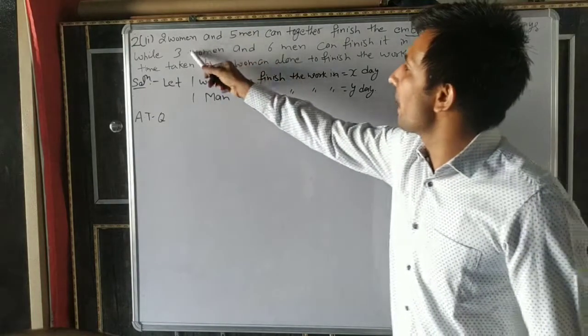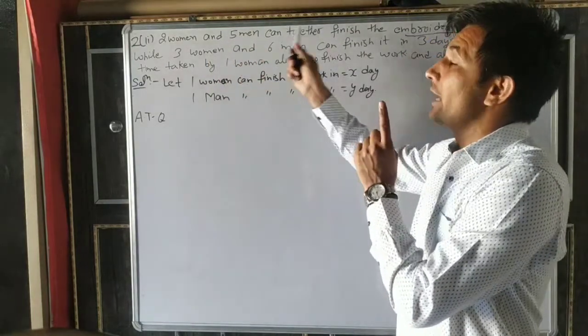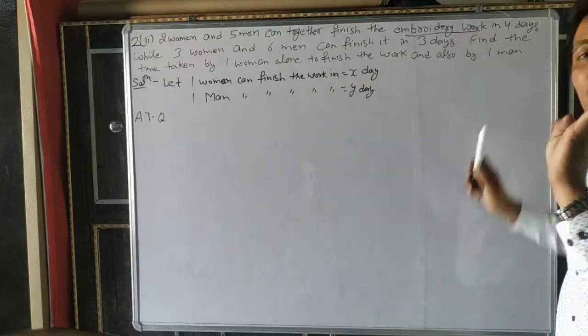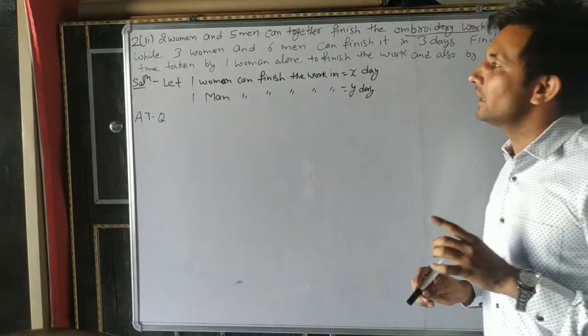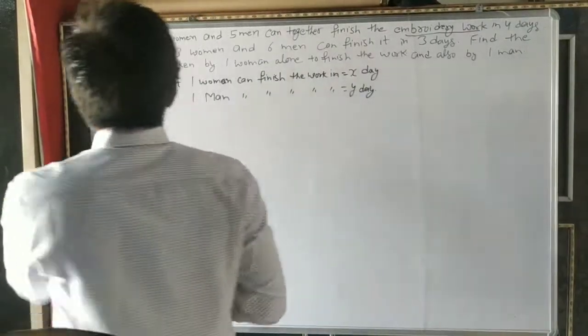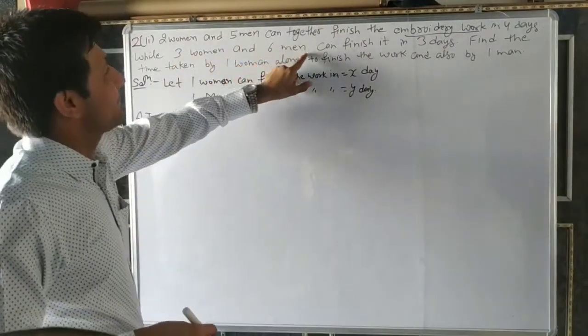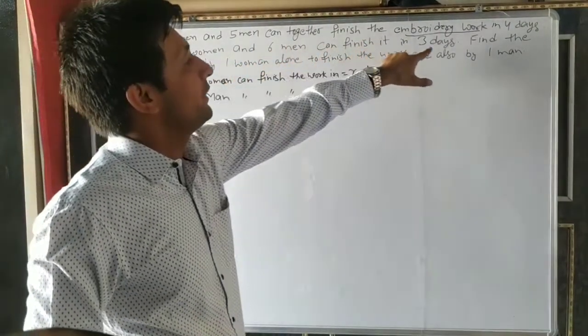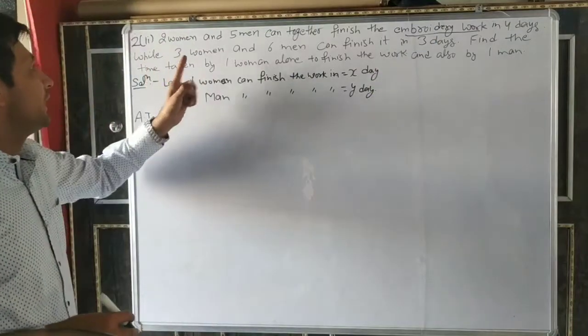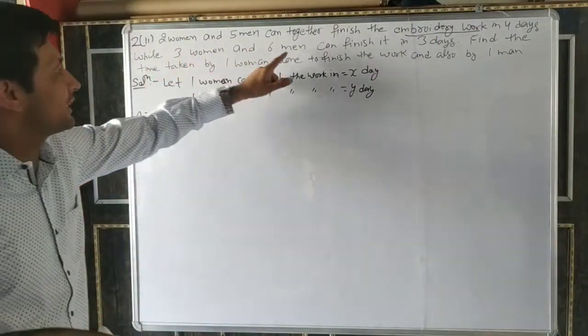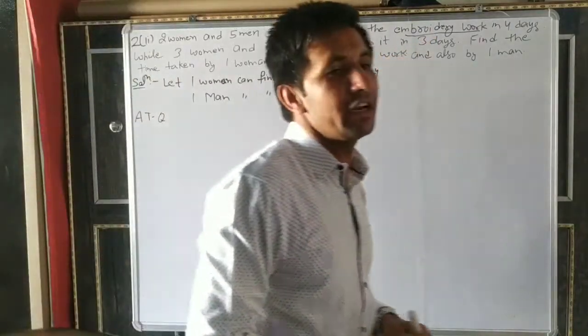So 2 women and 5 men can together work in 4 days. In how many days? In 4 days. While 3 women and 6 men can finish it in 3 days. If there are 3 women and 6 men, then they can finish in 3 days.